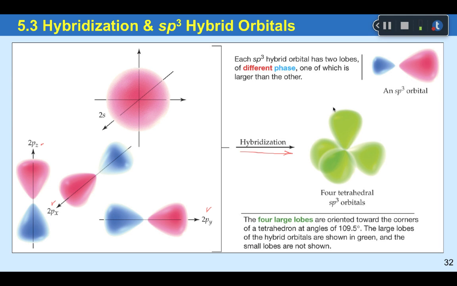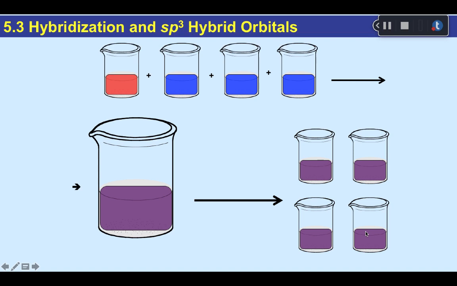They're all different, and they all merge together to make four equivalent sp3 hybrid orbitals. The four large lobes are oriented towards the four corners of the tetrahedron with the angles that we expect to be 109.5. The large lobes are shown in green. The small lobes are not obvious, so you can't really show them in this kind of diagram. So this is a way of explaining the bonding in methane.